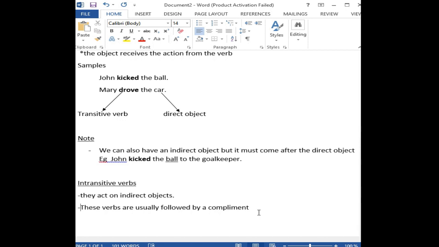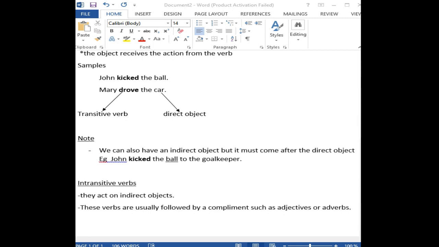In most cases, these complements usually include adjectives or adverbs. Those are the common complements that we have in English.